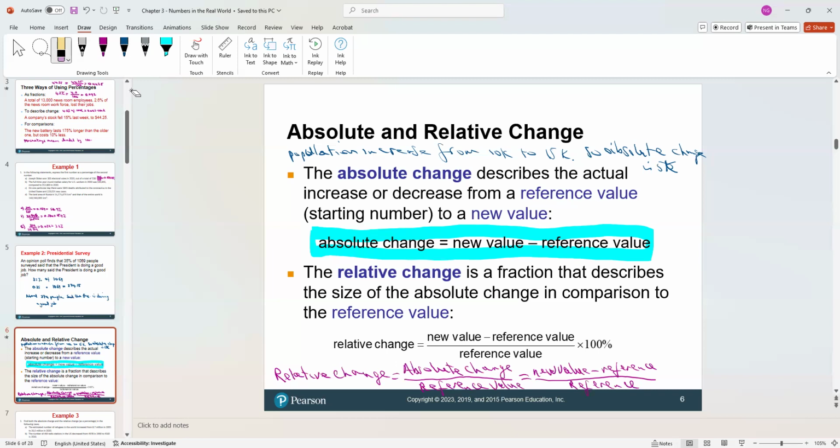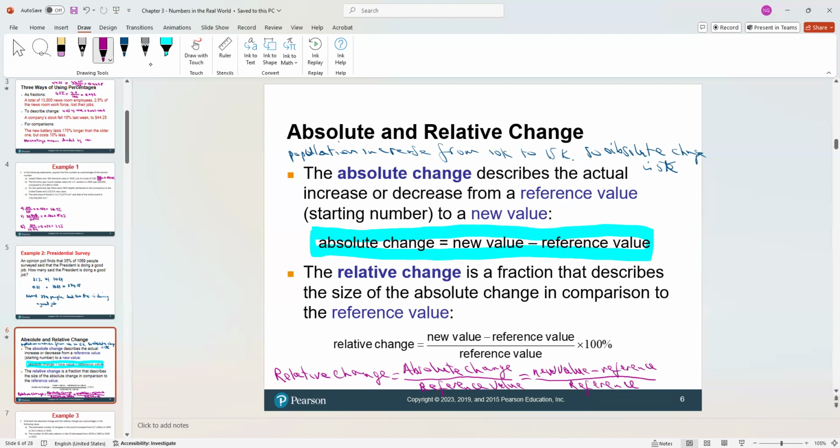You have the relative change and the absolute change. In general, calculating an absolute or relative change always involves two numbers: a starting number, or reference value, and a new value. Once we have identified these two values, we can calculate the absolute and relative change with the formulas we just gave you here.